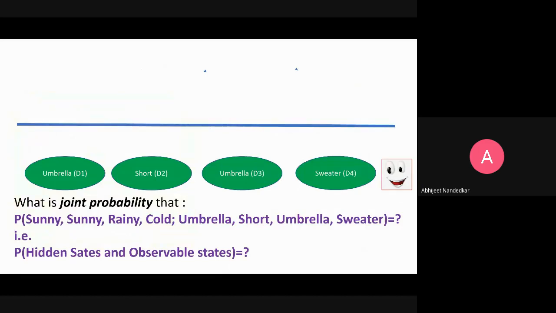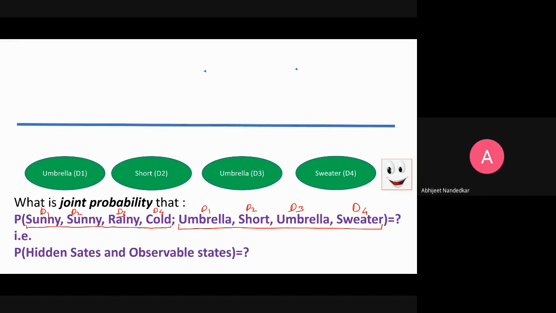Now the question is, what is the joint probability that you have a sequence of events where you see day 1 as sunny, day 2 as sunny, day 3 as rainy, day 4 as cold, and the person who is coming to you is having an umbrella for day 1, then shorts for day 2, then umbrella again for day 3, and sweater for day 4.